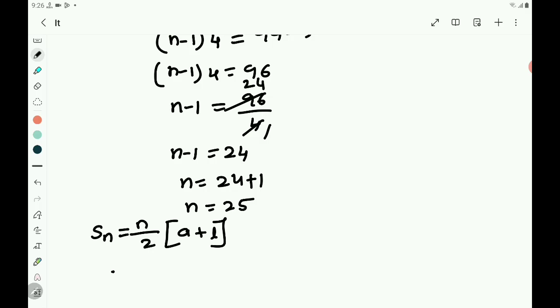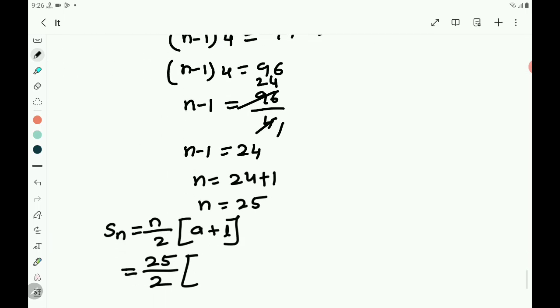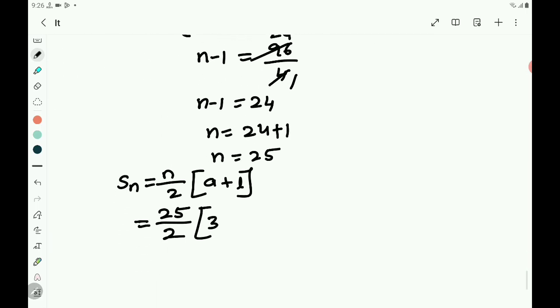So how many terms? 25 terms. You write n by 2 means 25 by 2. a is the first term. First term is 3 and the last term is 99. That is 3 plus 99.